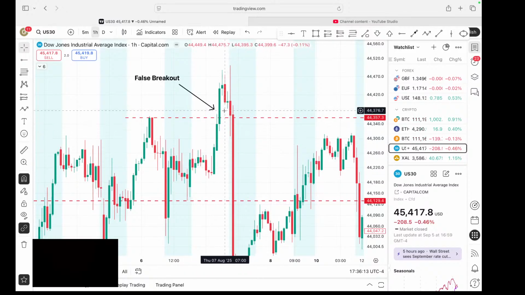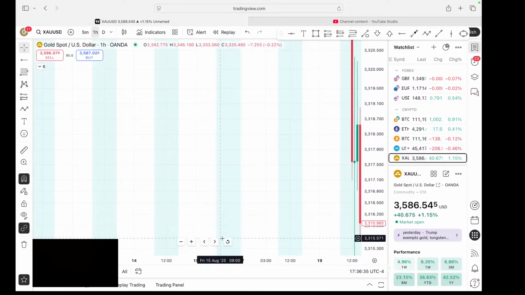All the buyers were assuming that we were going to get in here. But no, the sellers came in strong. Could have been a news event. Trump could have spoke. Powell could have spoke. Could have been anything, right? Boom. And the market just dropped. And then last but not least, we have what's called a liquidity grab.